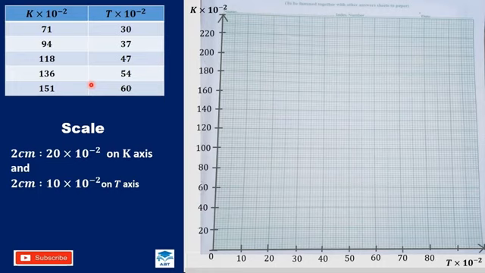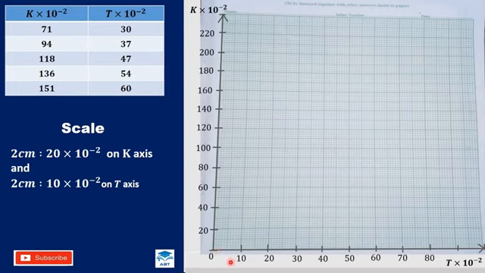For the first value, we have 71 on the k-axis and 30 on the t-axis. For the k-axis, one full box is 20. When we divide by 10, one small box will be 2. On the t-axis, one full box is 10. When we divide it by 10, one small box on the t-axis will be 1.